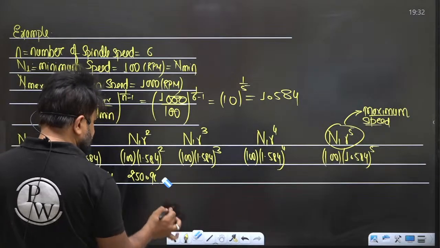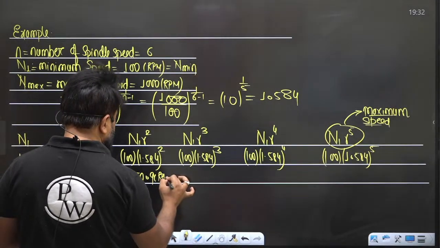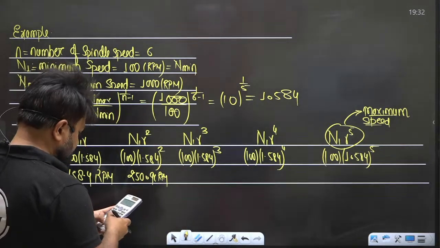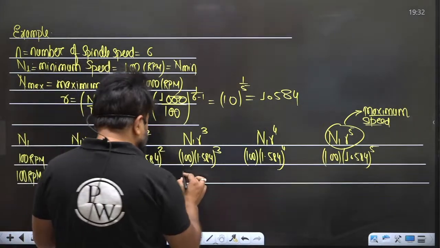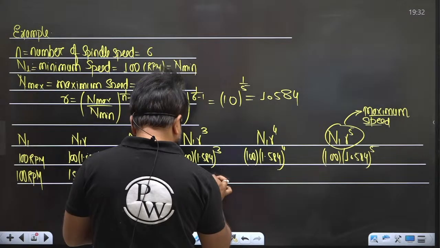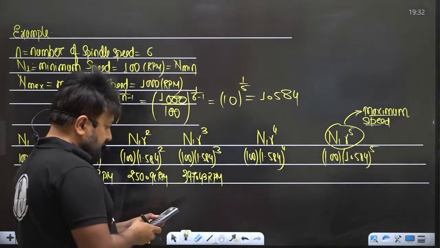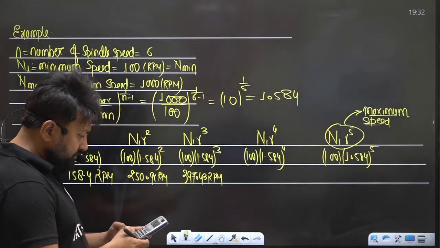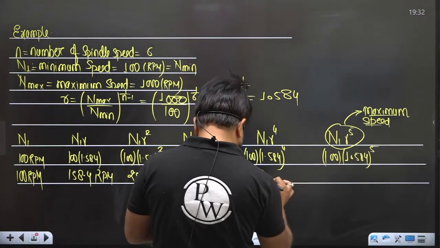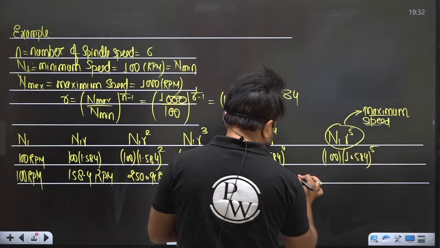It is better that I write only 251 RPM. All the units will be in RPM, right? Then 397.43 RPM, right? And the 4th will be 629.536 RPM, right?